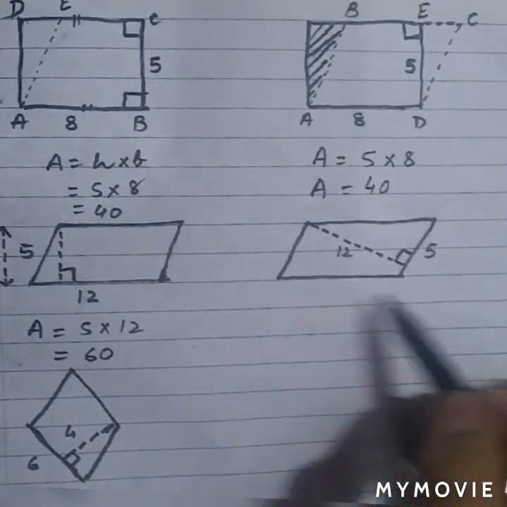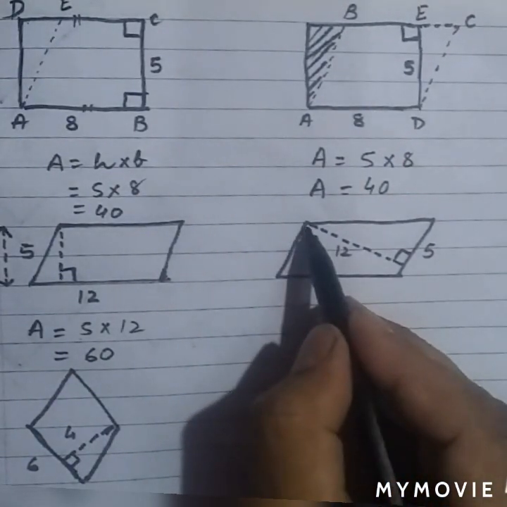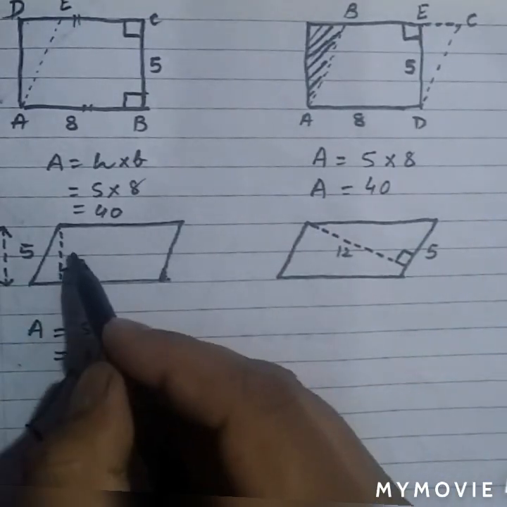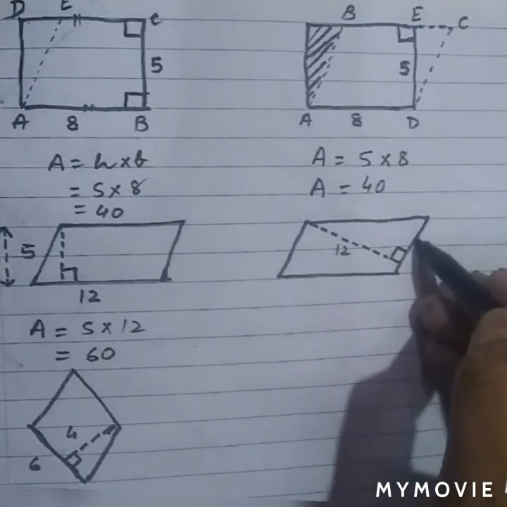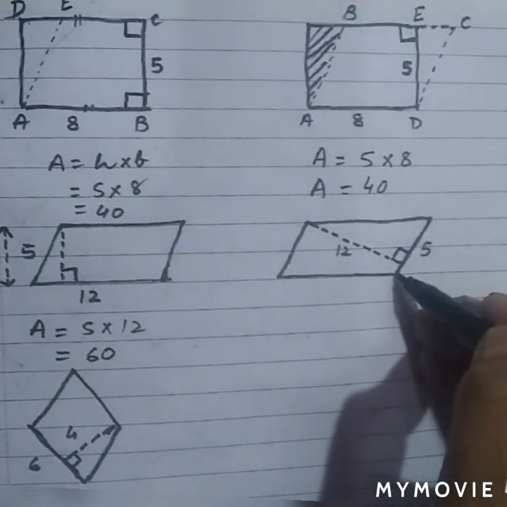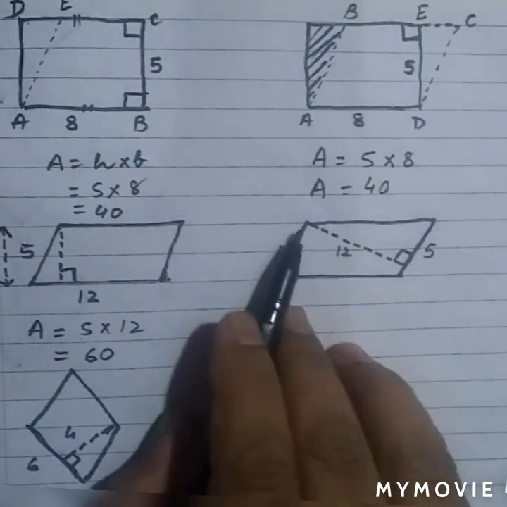Now observe another parallelogram. In this parallelogram, I have shown that the perpendicular height can be drawn in this way also, from the other side. So this side is marked as 5, which will now be taken as the base, and this can be taken as the perpendicular height.